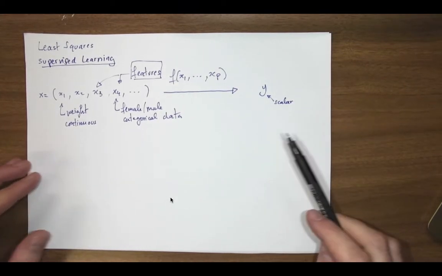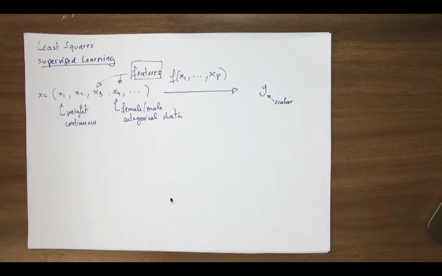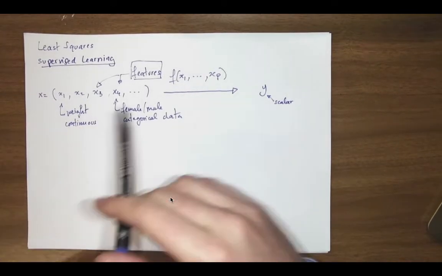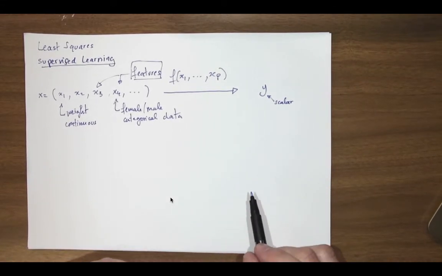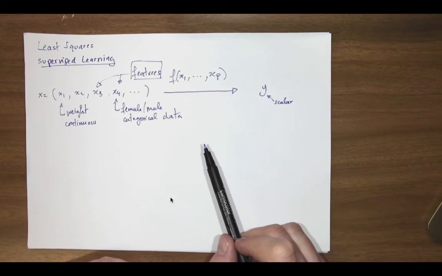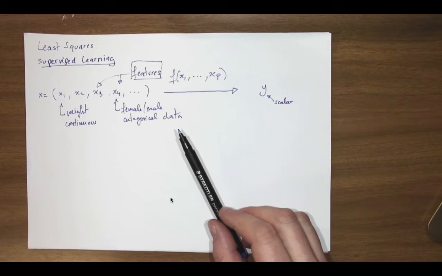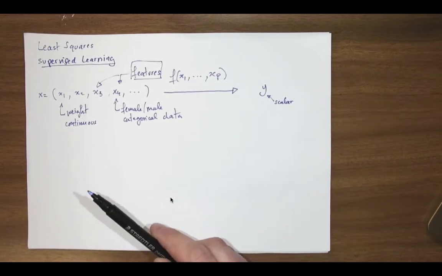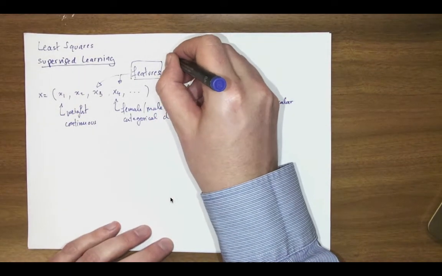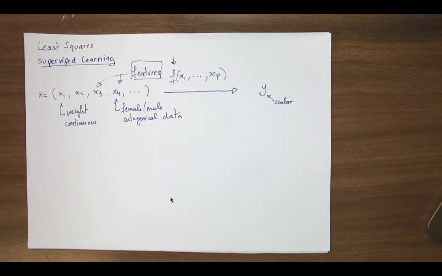The outcome could be a vector, it could be anything you want, but you could recast that problem by having multiple scalars. So we just define it here with the outcome being a scalar, and the outcome is called y as well. The aim of supervised machine learning is to estimate this function f, to have a model for that, train it, and get an approximation for it.